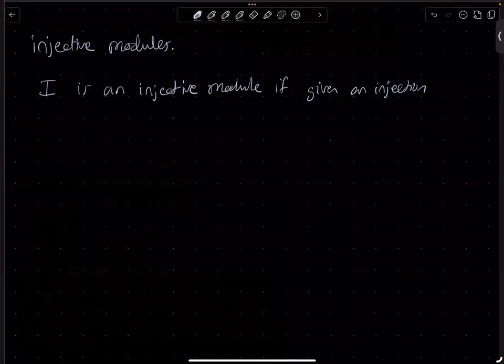Right, injective modules. I is an injective module if, given an injection, so A to B, I'll just stick the 0 in here as well.